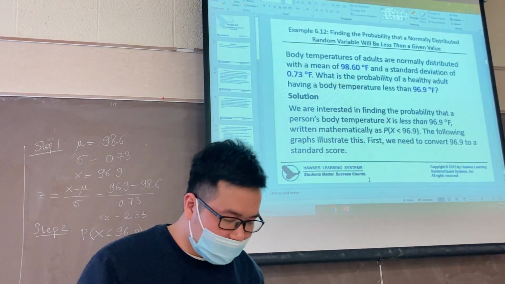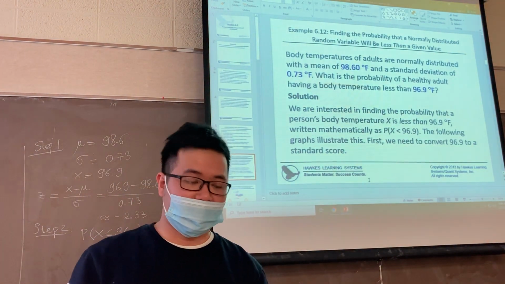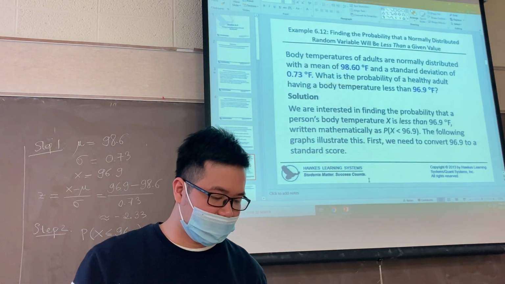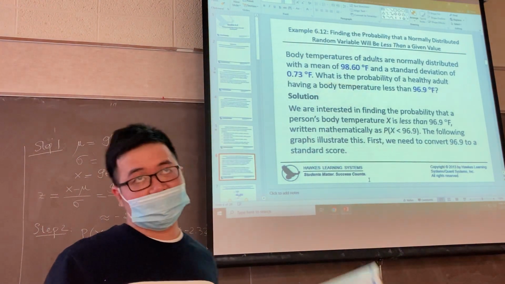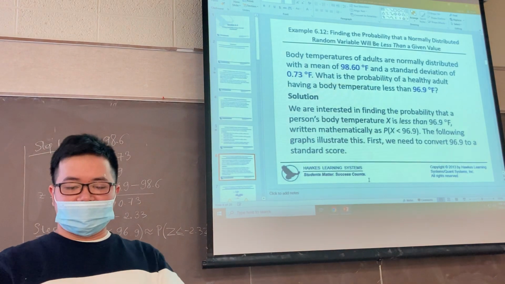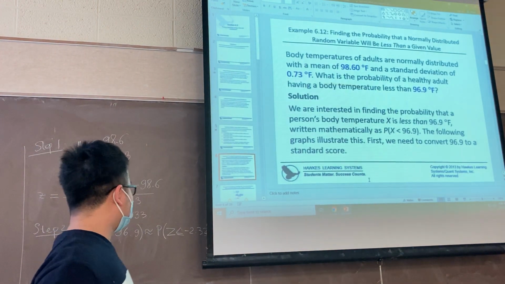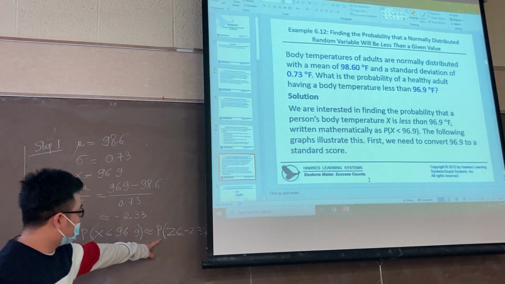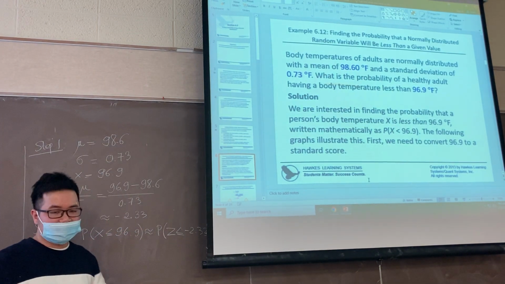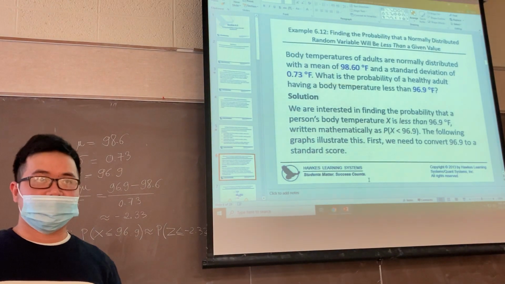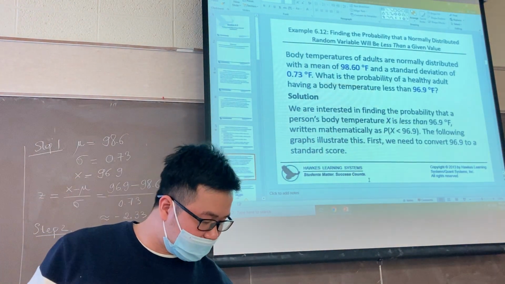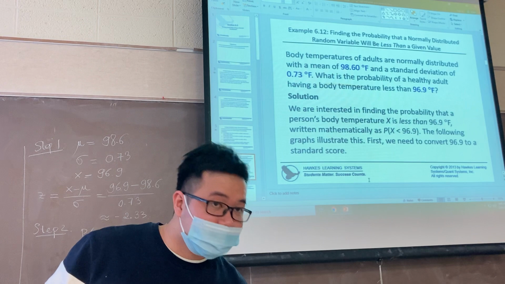Look at your table. I hope you guys have your table on your hand. Find Z on the table here. Could you tell me what is the probability of Z less than this number? Anybody tell me what is the value of this?